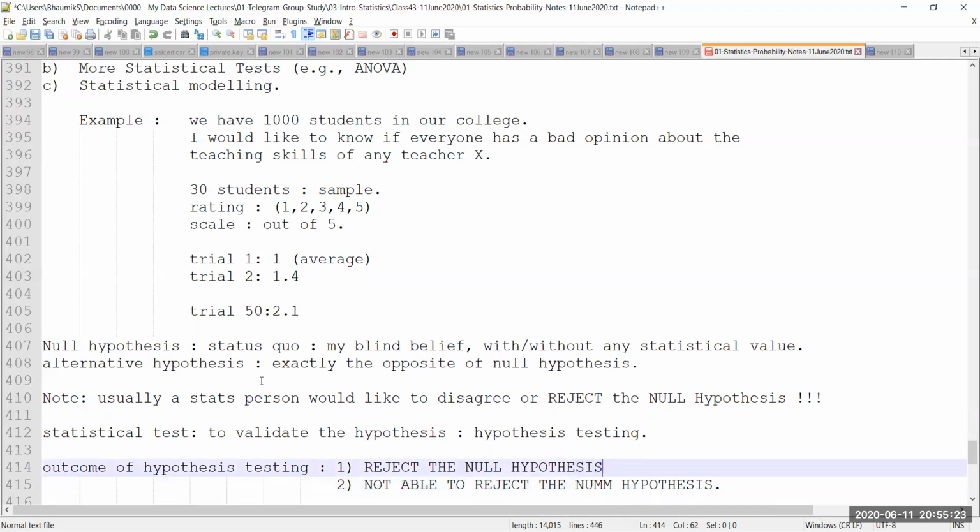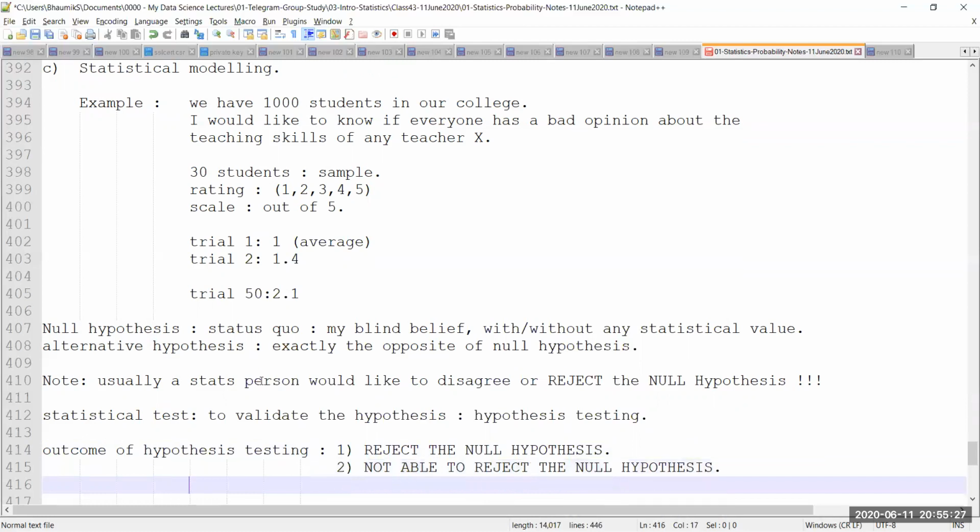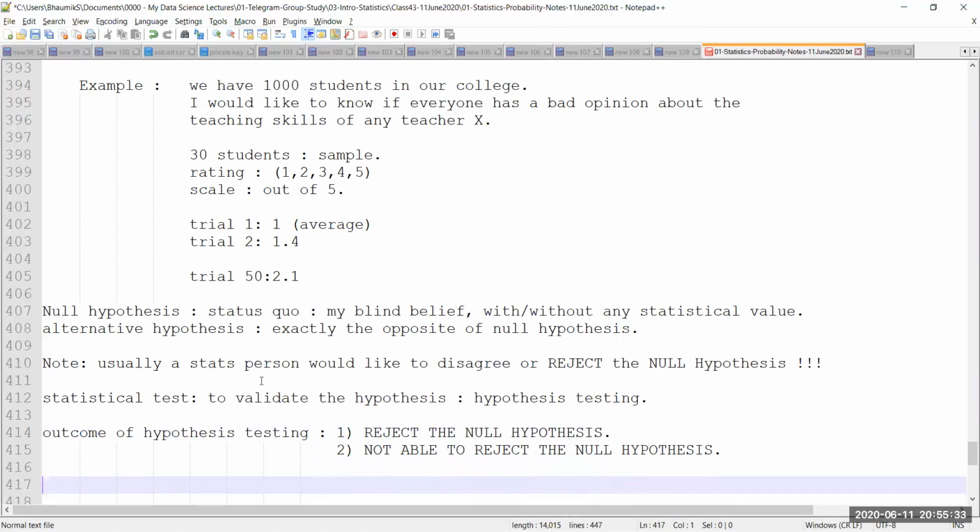The reason why I say this is so as to keep some scope for the next statistician to give it a try. If I say that I am accepting the null hypothesis, then it is kind of a pressure, or it is kind of an acceptance of the statement, which I don't want to do, because then there is no point of doing any statistical games, right?